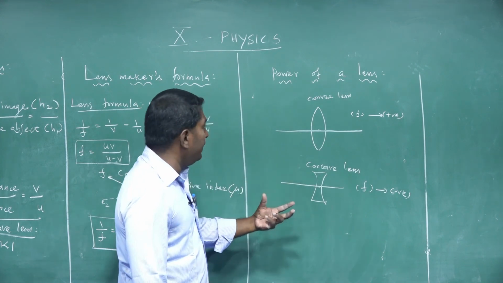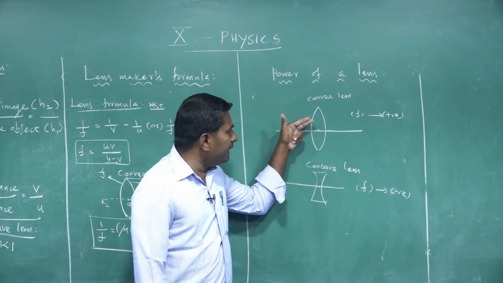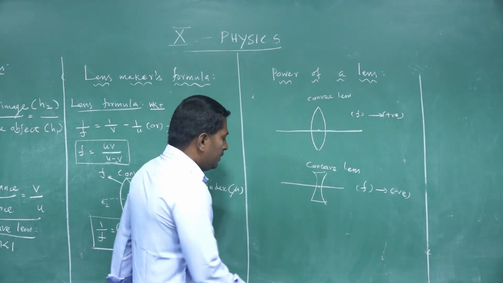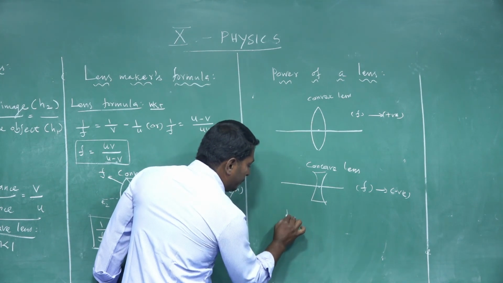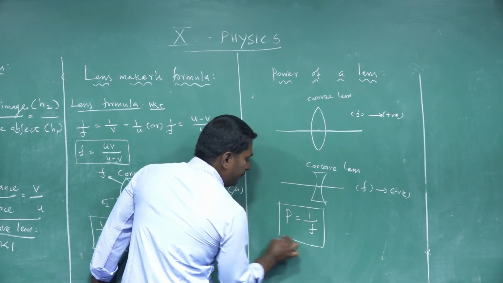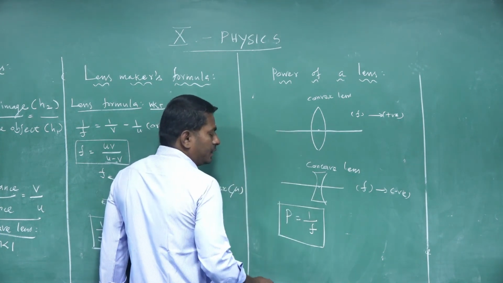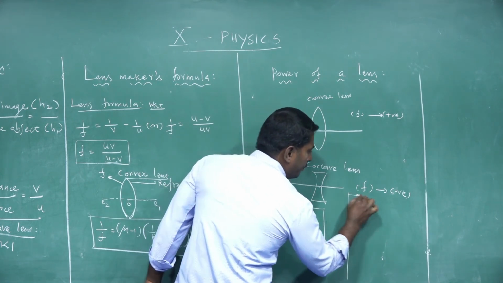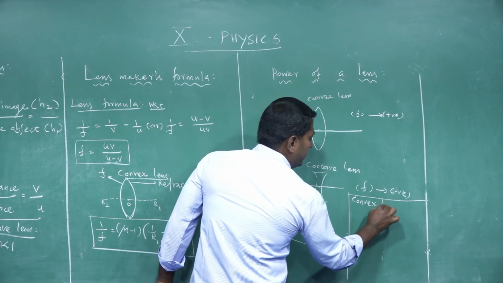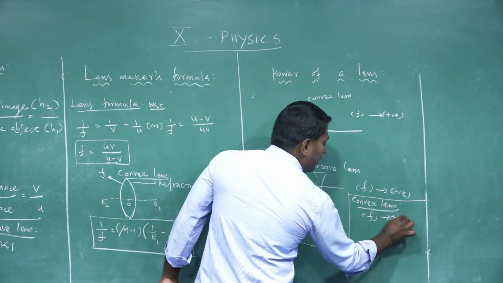The power of a lens is the ability of the lens to converge or diverge the light rays falling on it, which is numerically equal to the reciprocal of its focal length. First we calculate the power of a convex lens. The focal length of the convex lens is positive.